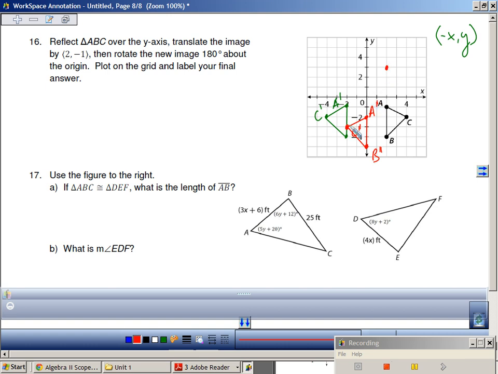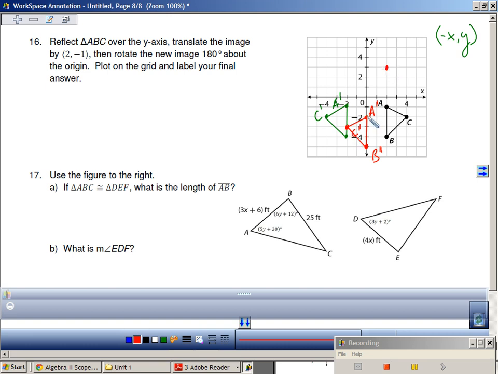So how do I get here? I can't just walk there. I have to take the street. If I stay on the lines, I go up 1 over 2. That doesn't do it, right? To get there, I got to go up 1, 2, 3, and over 2.